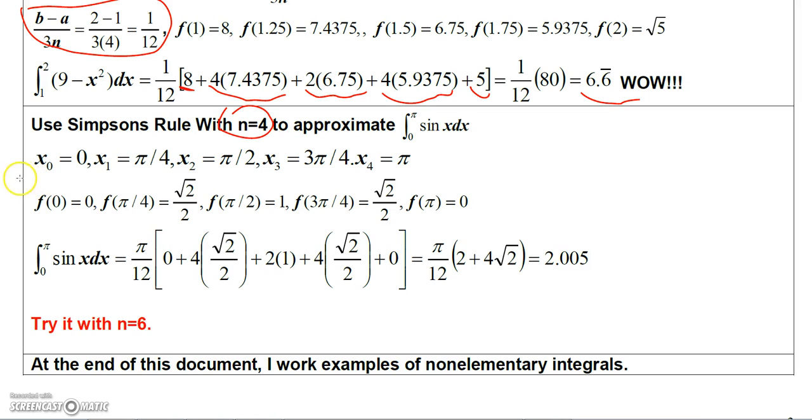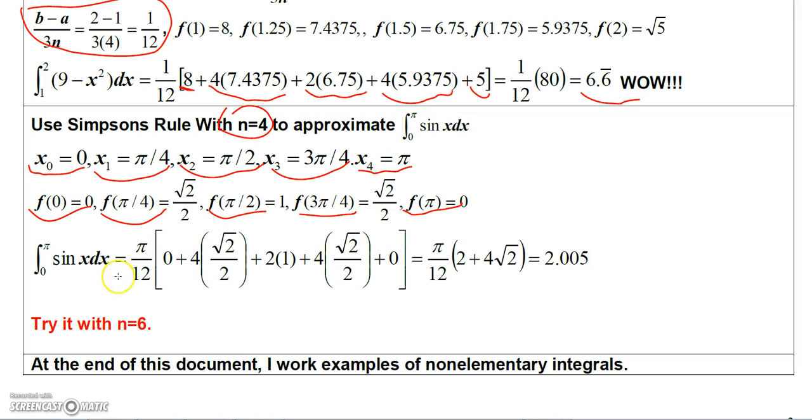So if I go from 0 to pi, I would go 0, then move pi over 4 to the right to get pi over 4, then another pi over 4 to get pi over 2, then another pi over 4 to get 3 pi over 4, and then finally another pi over 4 and I'd get to pi. And so then I figure out what's f of 0, f of pi over 4, f of pi over 2, f of 3 pi over 4, and f of pi. Of course, I'm just plugging these values into the sine x function.